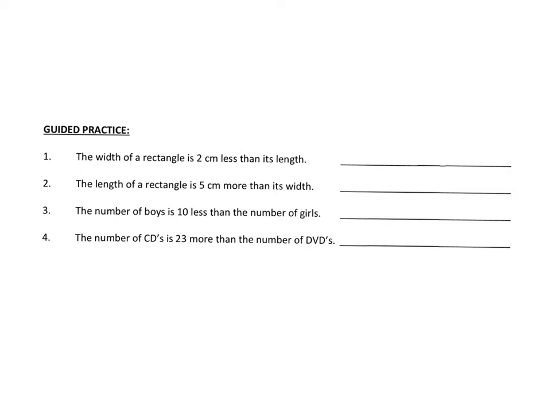First, I want to just start off writing an equation from the words, not the system just yet. All right, so here we have the width of a rectangle is 2 centimeters less than its length.